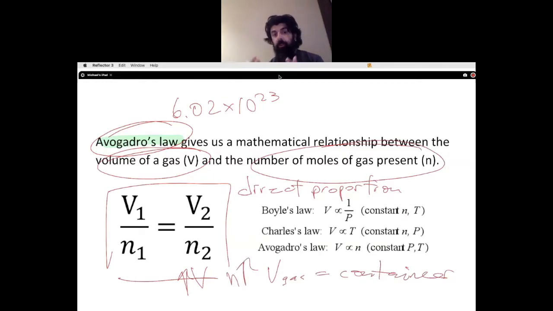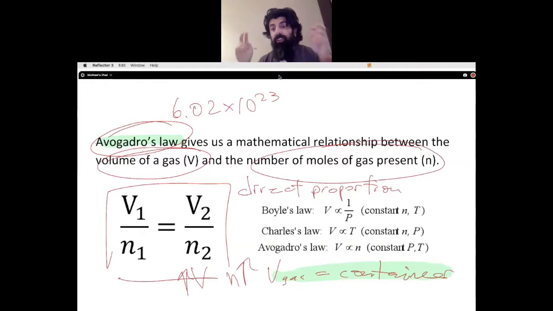So we can't just take a gas that's in a 5-liter container, pour it over into a 10-liter container, and say that the gas is now 10 liters, as we were assuming before.